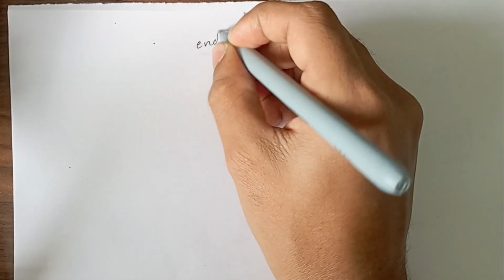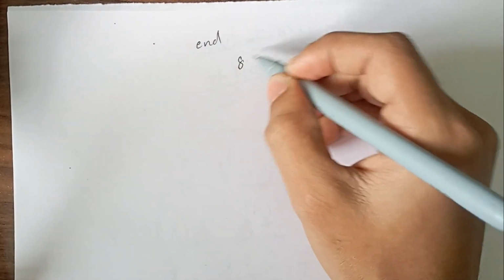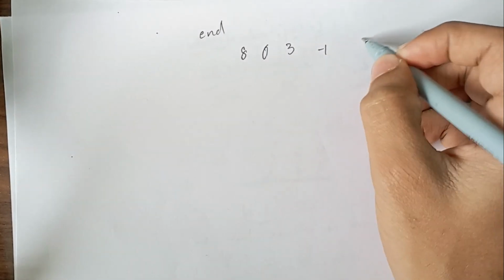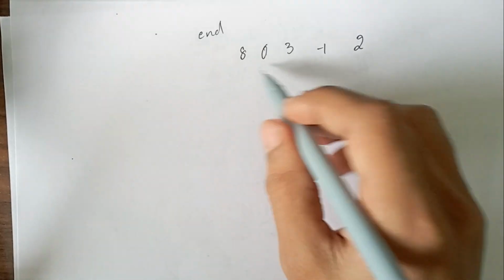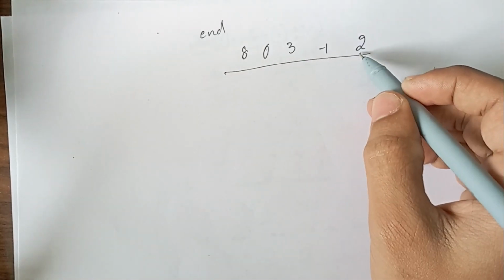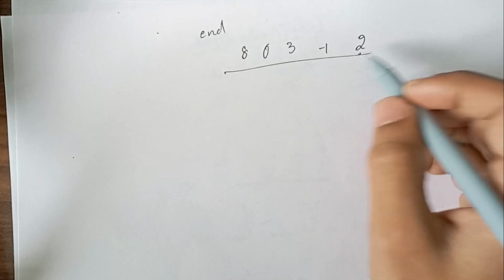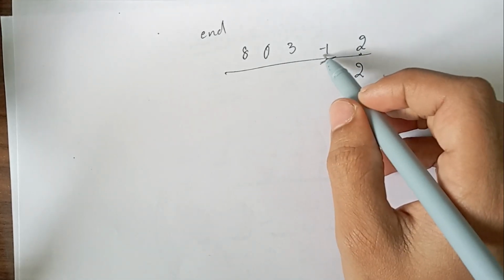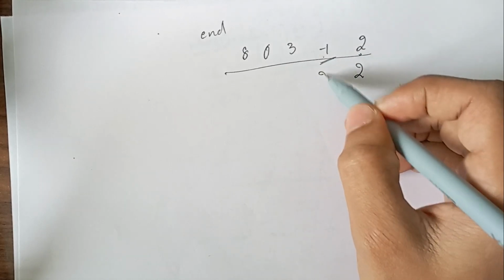So let us change the end array. We have 8, 0, 3, -1, 2. Now, at this index, what is the greater element after this one? It is 2. At this index, the greater element is 2.